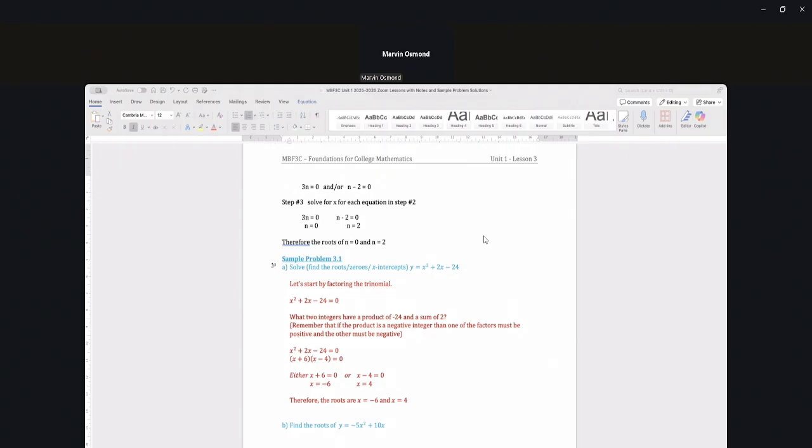Y equals x squared plus 2x minus 24. Press enter. Oops, 24, that's not 2. I'll get there eventually.